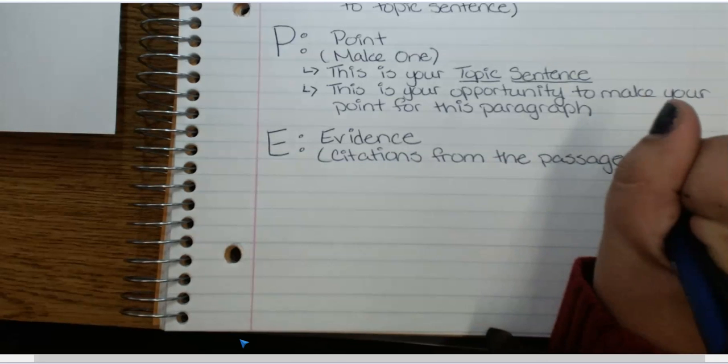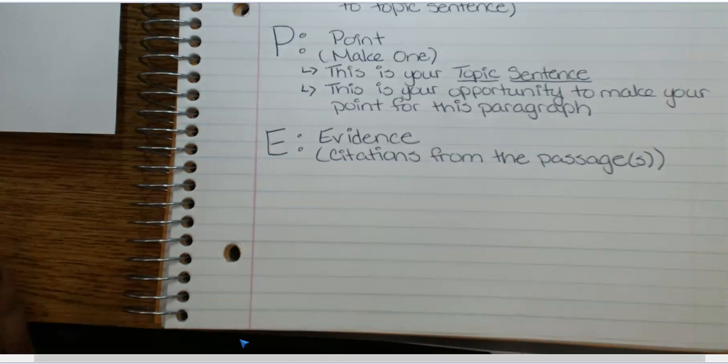And then after passage, I put an S in parentheses because sometimes it's more than one passage. So it could be from the passage or from the passages, either one. For the purposes of FSA and any kind of research paper you're going to have to write, you will have more than one source. So just throwing that out there for you, okay?